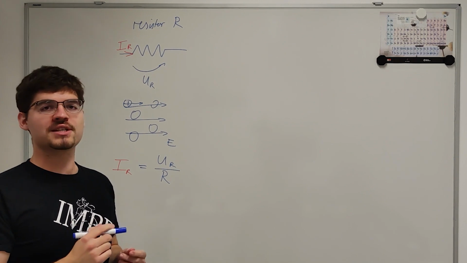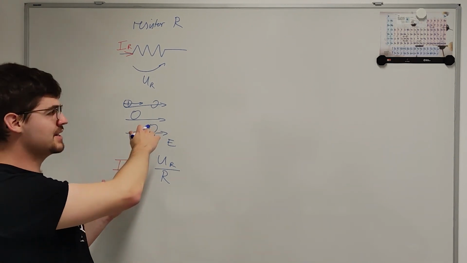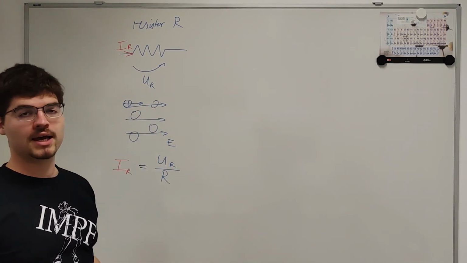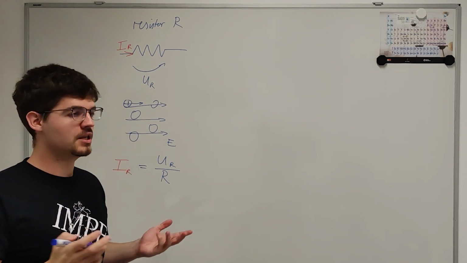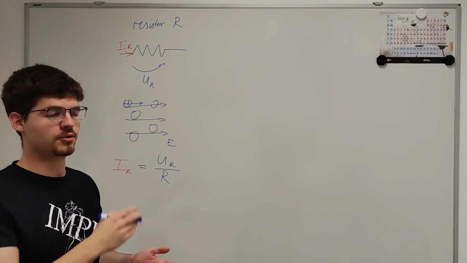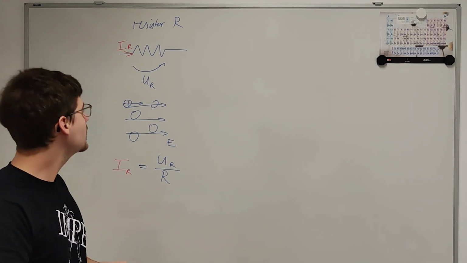What you should also notice is if a current flows through a resistor through this process, energy is dissipated. This resistor will heat up, and some energy in this case is transformed from electrical energy to heat.